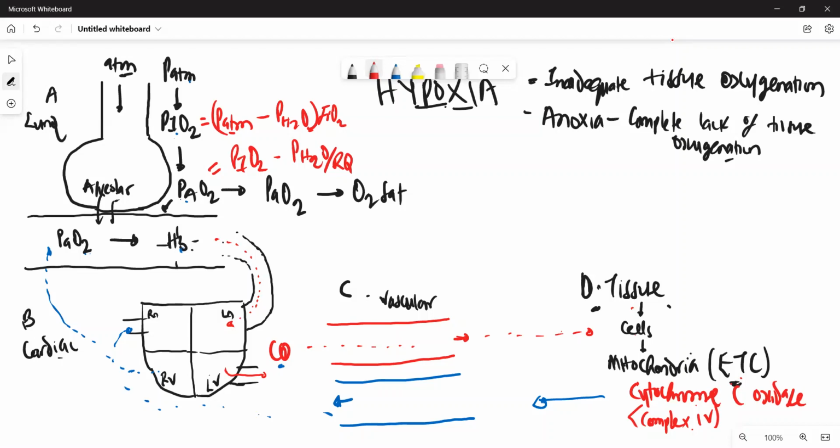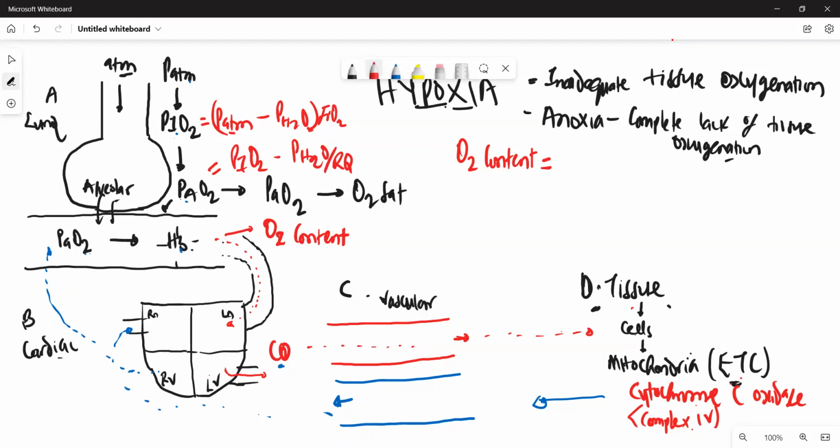And coming into the blood, right? So if you want to determine the oxygen in the blood, we use what they call the oxygen content. The oxygen content in the blood will be equal to, because if you look at the blood, we have some oxygen in the plasma and we have some oxygen in the hemoglobin.